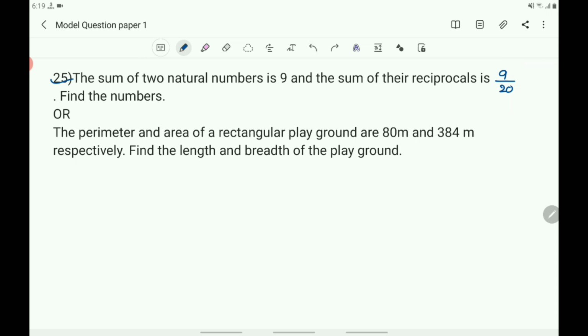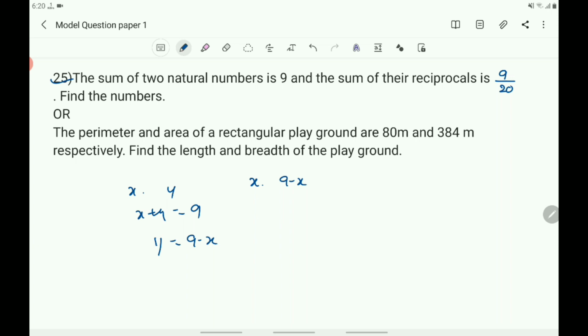If you consider the numbers are x and y, you know that x plus y equals 9, and then x equals 9 minus y, or y equals 9 minus x. So let us take the numbers are x and 9 minus x.